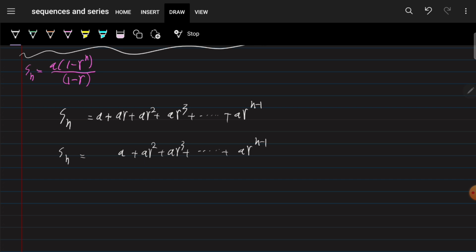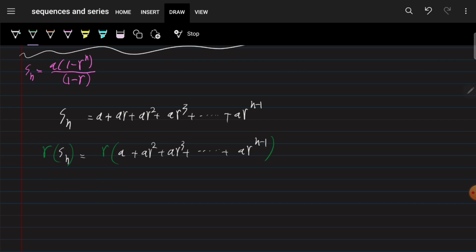We're going to take this whole thing and multiply both sides by r, our common ratio. And there's no problem with this. We can multiply both sides by a number, as long as that number isn't 0 and we do the multiplication on both sides.